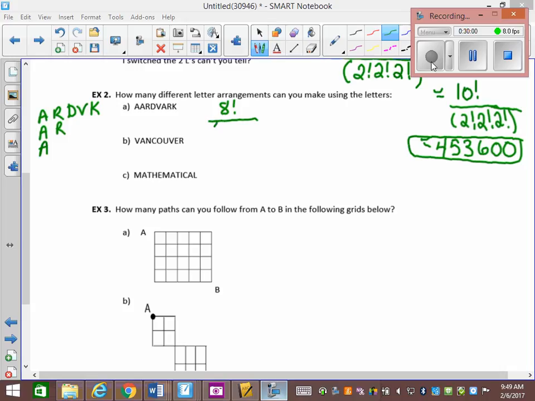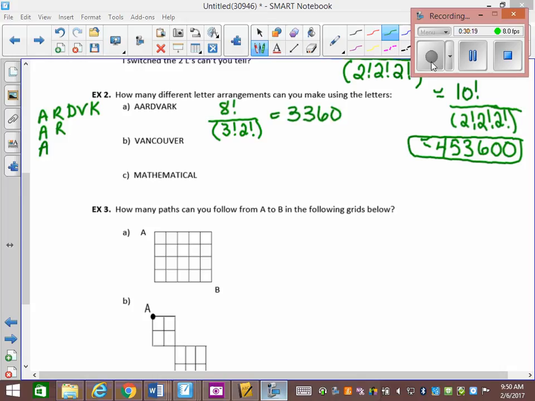And on the bottom, I'm going to have 3 factorial, 2 factorial, because you have 3 A's and 2 R's. So 3,360.